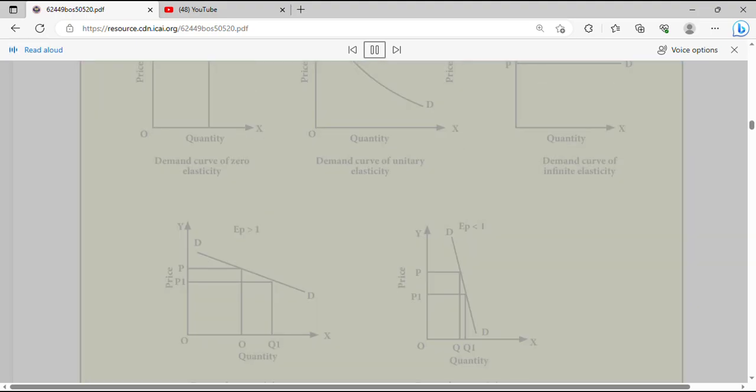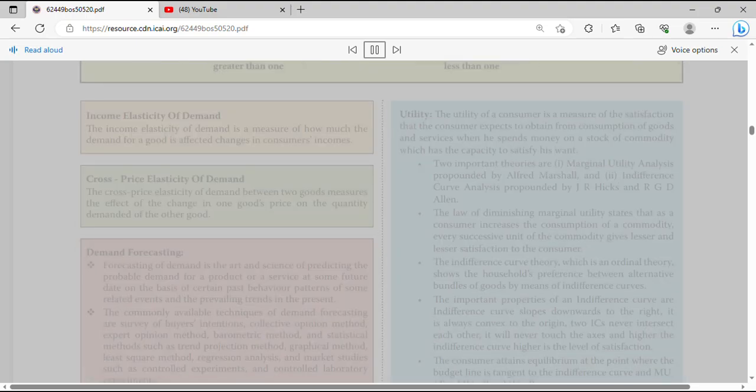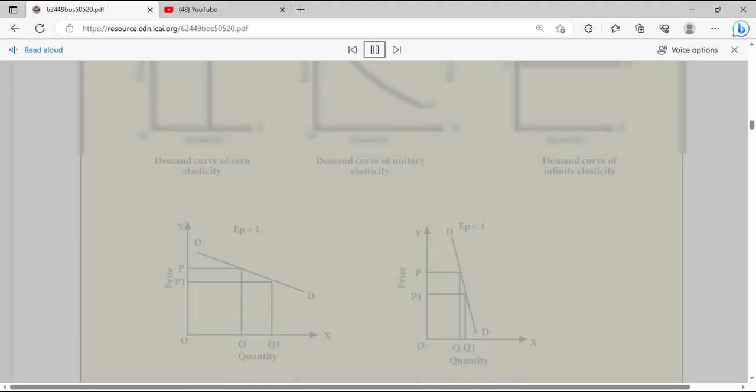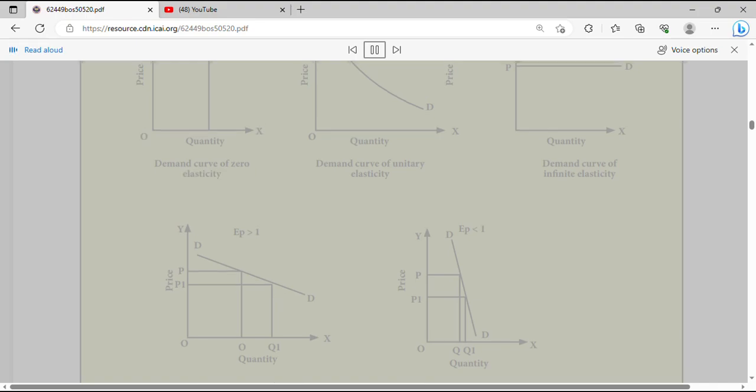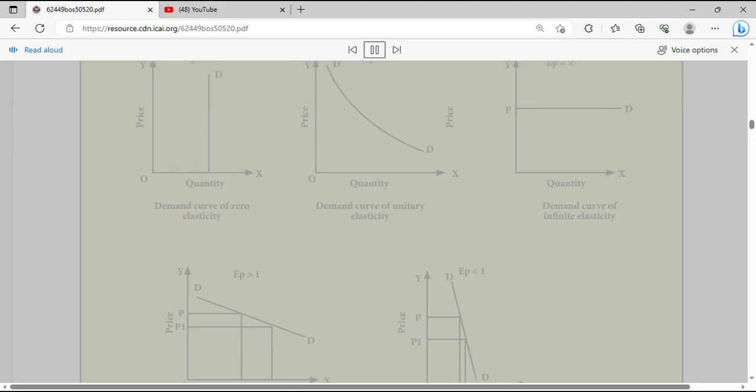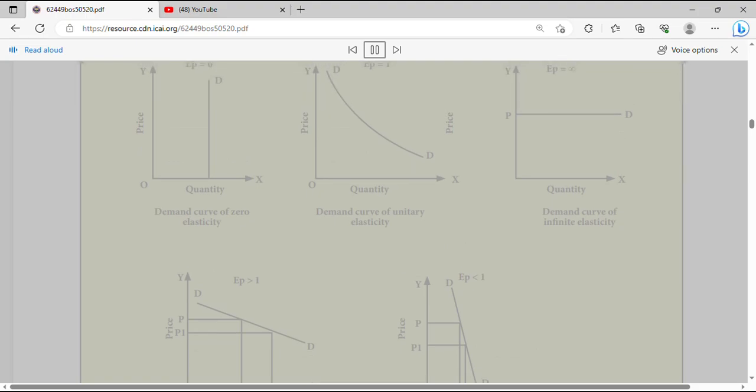Demand curve of elasticity greater than 1. Demand curve of zero elasticity, Ep equals 0.